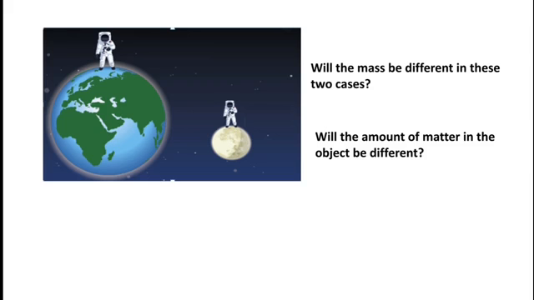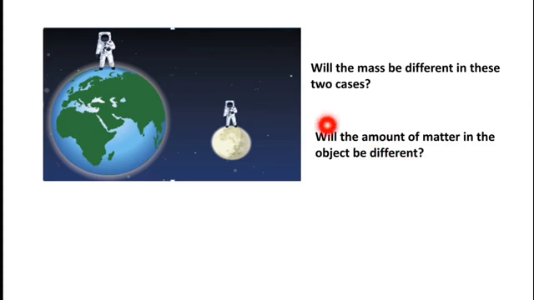No. It is very clear that the amount of matter inside this object is not going to change. So we can reply to the first question, that is, will the mass be different in these two cases? The answer is no. The mass in these two cases is not different. The mass of the object remains the same. Why? Because the amount of matter in the object is not going to change.